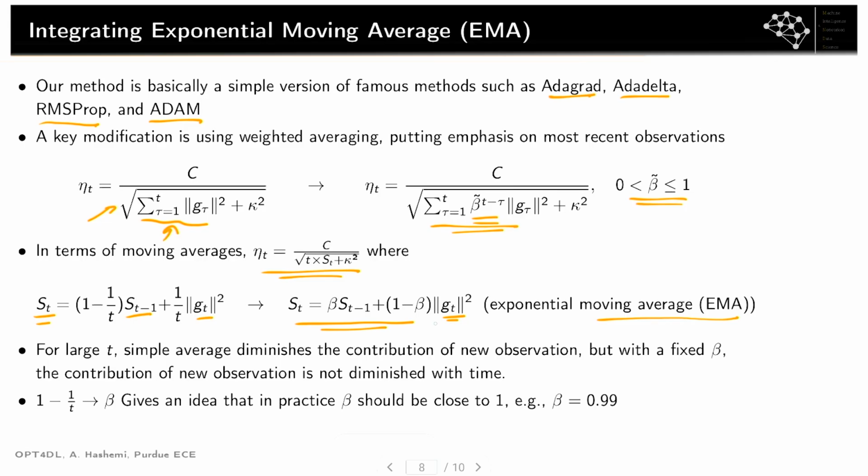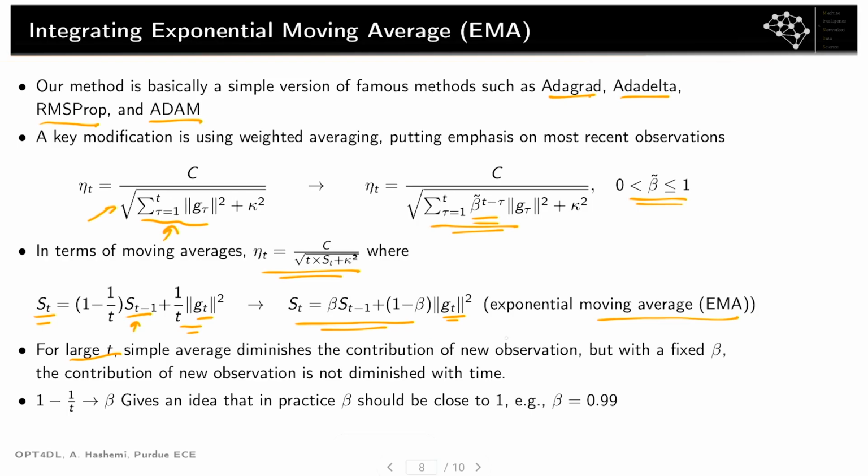Now, here you can also see a potential issue with using a simple moving average. Imagine t is large, so I've trained my model for like 100 epochs. By using a simple average, I'm putting a lot of emphasis on the prior observations, and I'm not putting enough emphasis on my current observation.